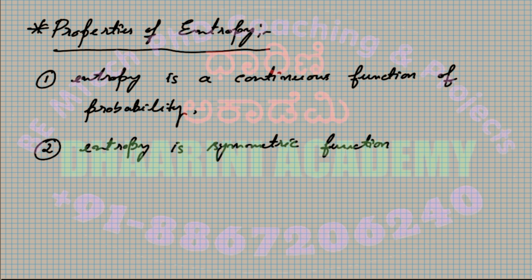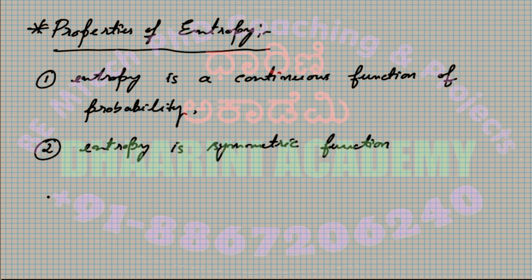So entropy of a system is the same irrespective of the order in which the symbols are arranged. Whichever symbol comes first, that comes later, doesn't matter. Entropy remains the same. That's the meaning. Again, to prove this, we have to solve some problems. Direct proof is not available.